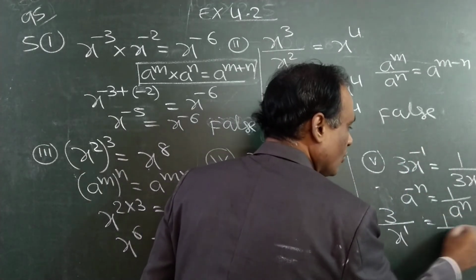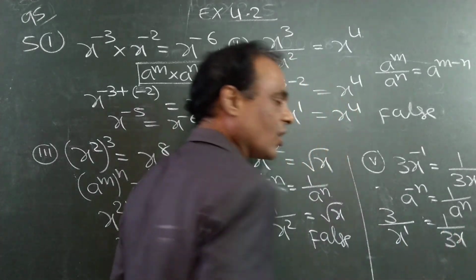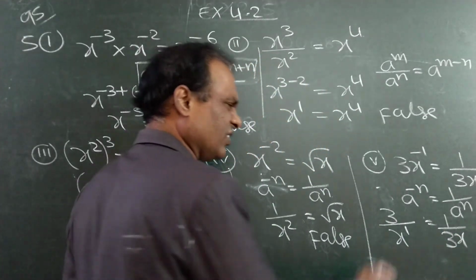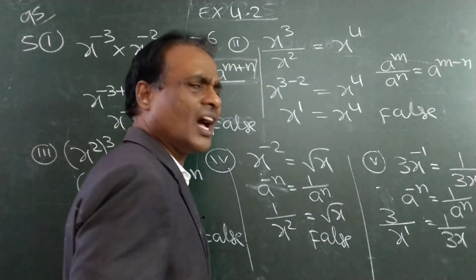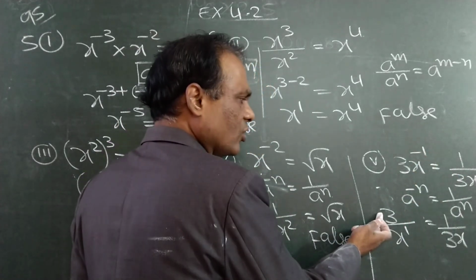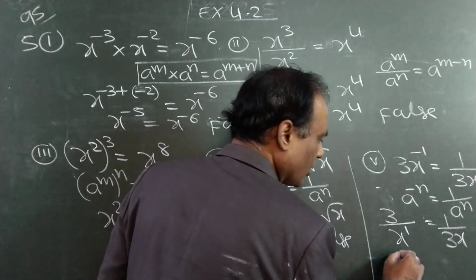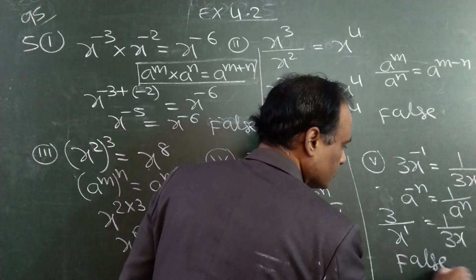Right side 1 by 3x. Both are equal or wrong? Not equal. This is 3 by x, this is 1 by 3x. How can they be equal? 3 is in the numerator here, there 3 is in the denominator. Both are not equal. False.